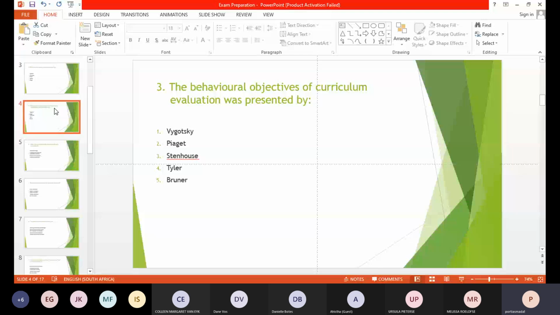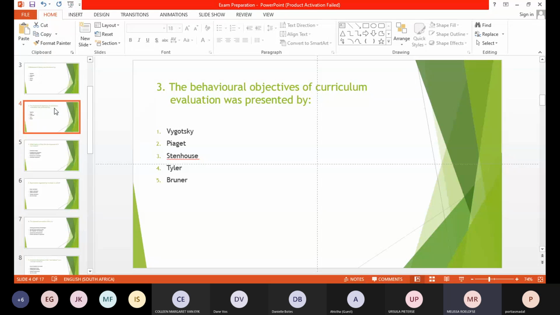Melissa, do you agree with her? Daniel? Yes, I agree, but only because I've just spotted something in the textbook that looks like it is Tyler. Okay, so share that with us, please. It says, Tyler suggested doing the following when planning a curriculum, and the bullet point that I think is relevant is: determine whether the educational purposes are being attained.